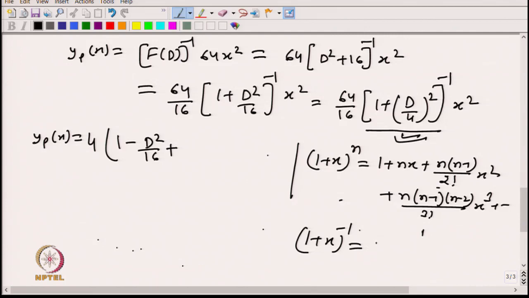What will you get from here? You will get 1 minus x, because instead of n I put minus 1, and then minus 1 and minus 2, this will cancel out. So, this will become x square, again this becomes x cube and so on. So, I can apply this formula, and this will become D square over 16, operating on x square.